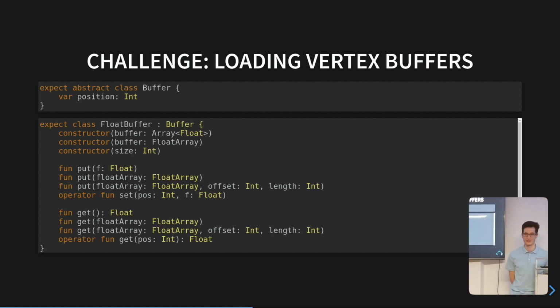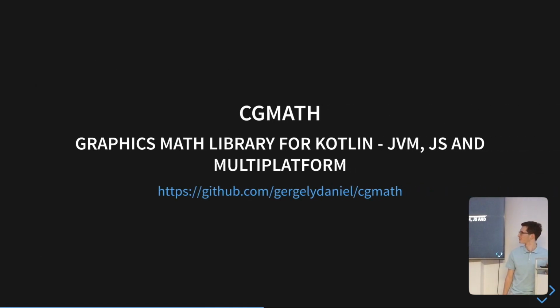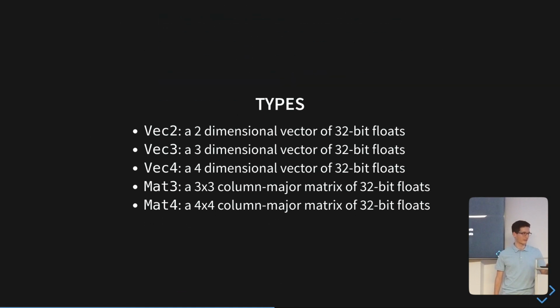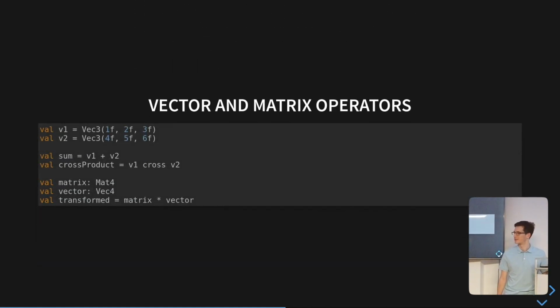The next challenge was to do some calculations, for which I also created a multi-platform library. It's also available on GitHub. It has 5 basic types, 3 vector and 3 matrix types. They have all the basic operations you need in an idiomatic Kotlin way. So it has operator overloading, infix functions.